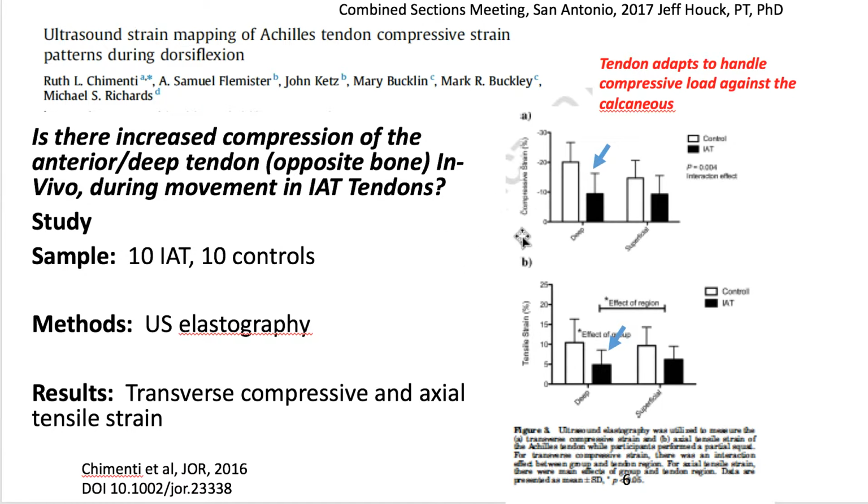One was compressive and one was tensile, and we can see here the controls are in white and the IATs in black, and both types of strain indicate less deformation. And so from this, the hypothesis is that the tendon itself is undergoing less deformation to load, meaning it's becoming more responsive to compression rather than tension.